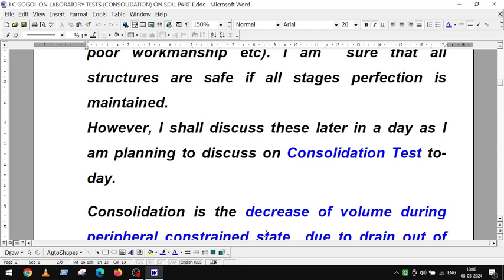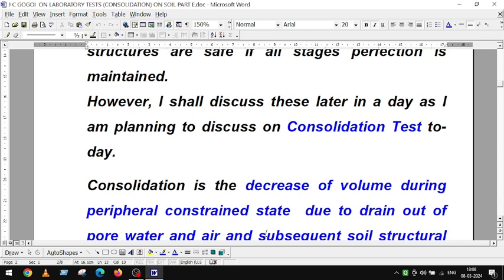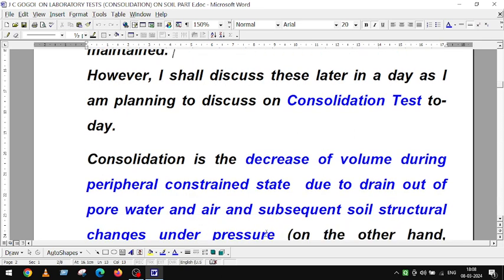Consolidation is the process of decrease of volume during a peripherally constrained state due to draining out of pore water and air and subsequent soil structural changes under pressure.